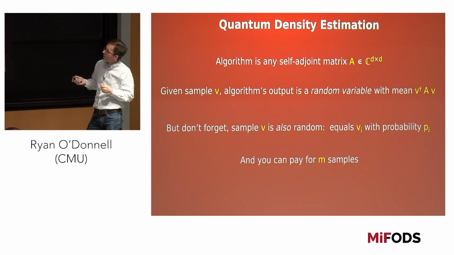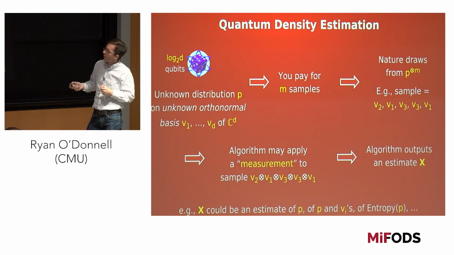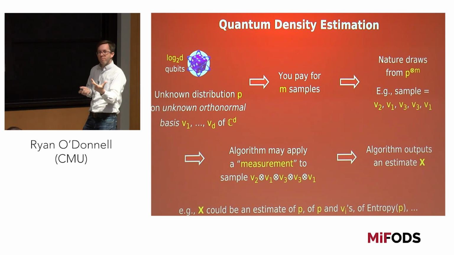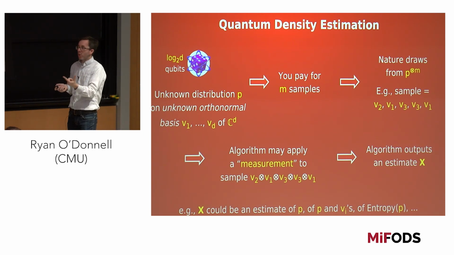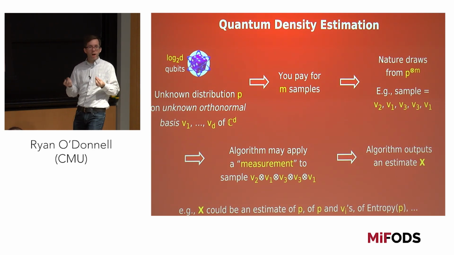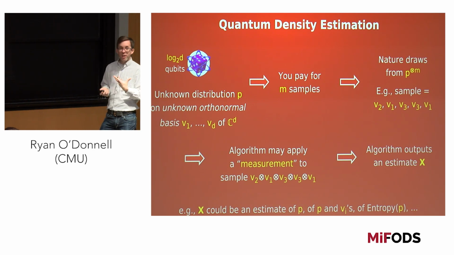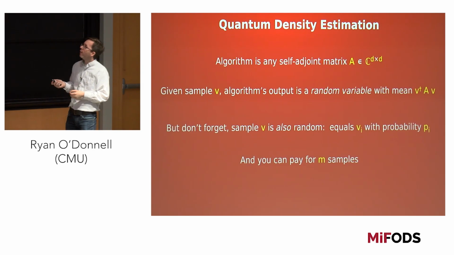Well, if you go back to this slide, I wrote it here without bringing it up carefully. But when nature draws, in this case, 5 vectors, the underlying state that you're measuring is not just this list of vectors, but it's actually the tensor product of those 5, or m many, vectors sitting in a really high dimensional space.